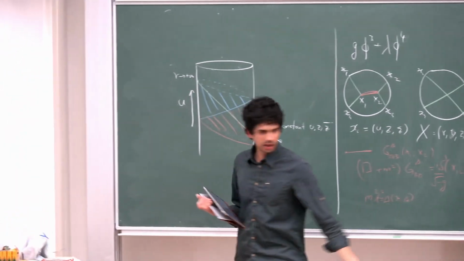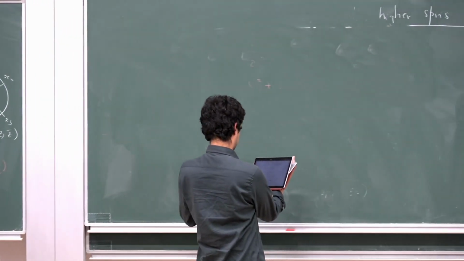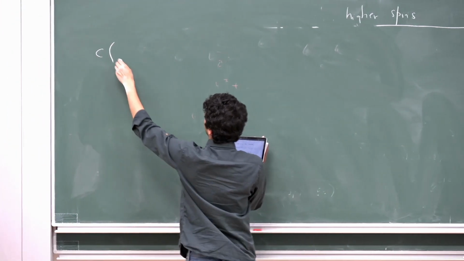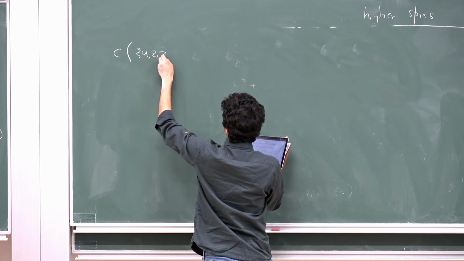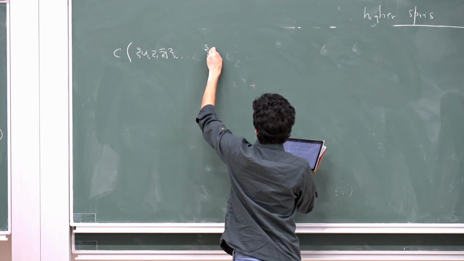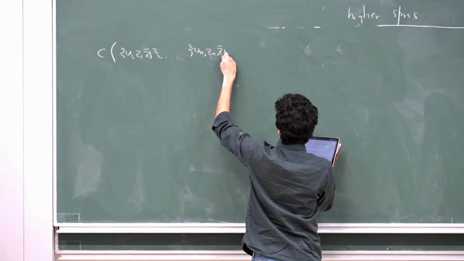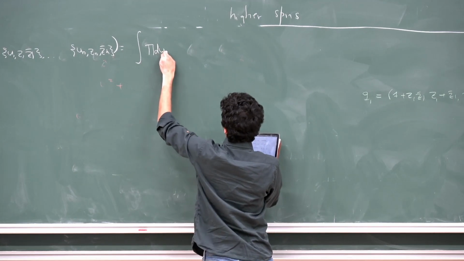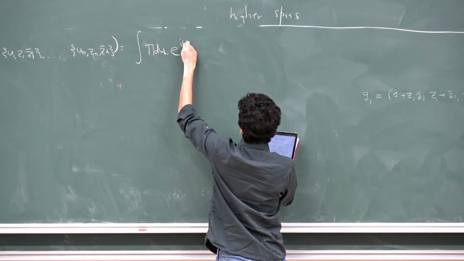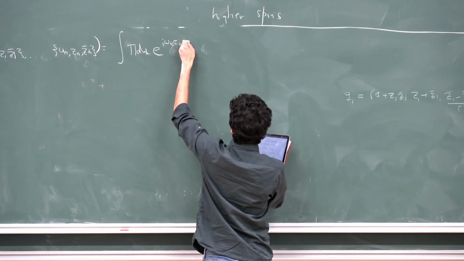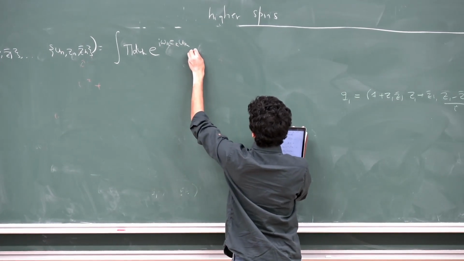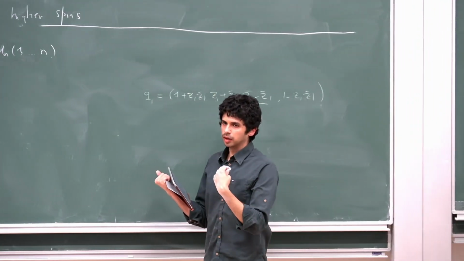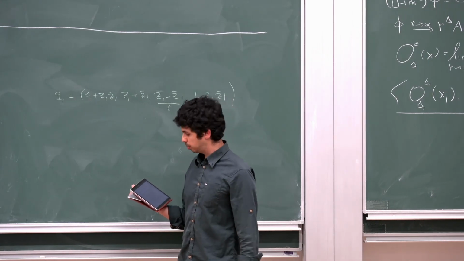So these objects are called Carrollian amplitudes. So these Carrollian amplitudes are functions of positions at scri, and they're Fourier transforms of the momentum space scattering amplitudes.